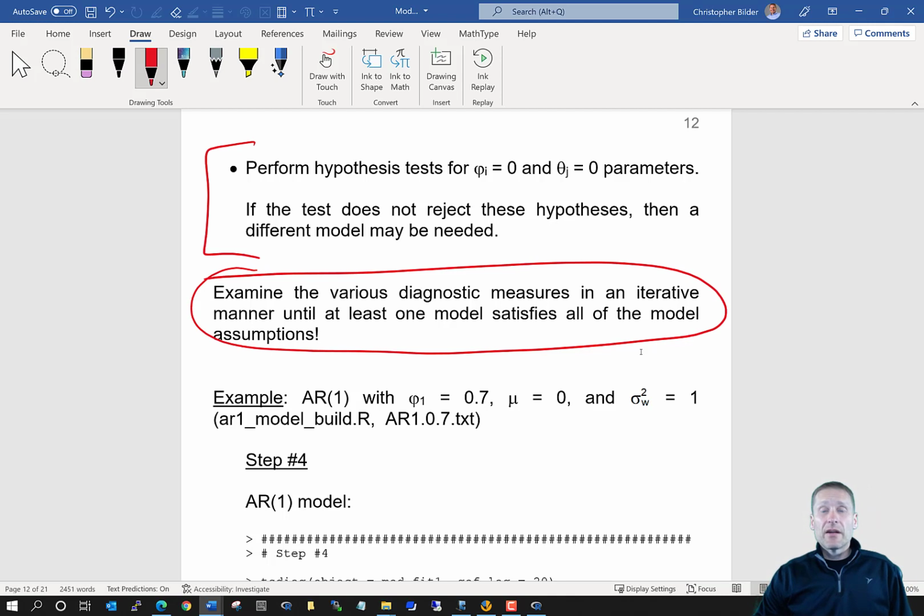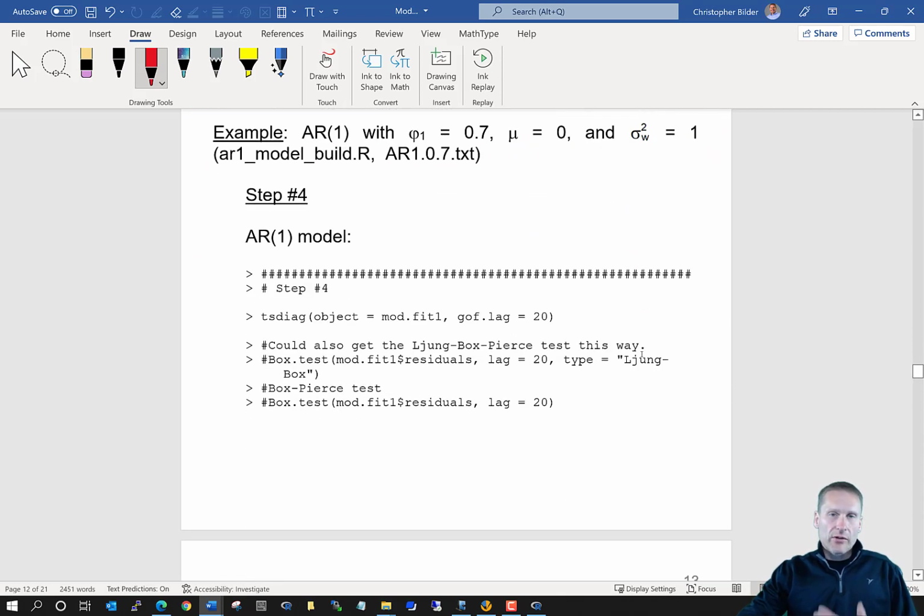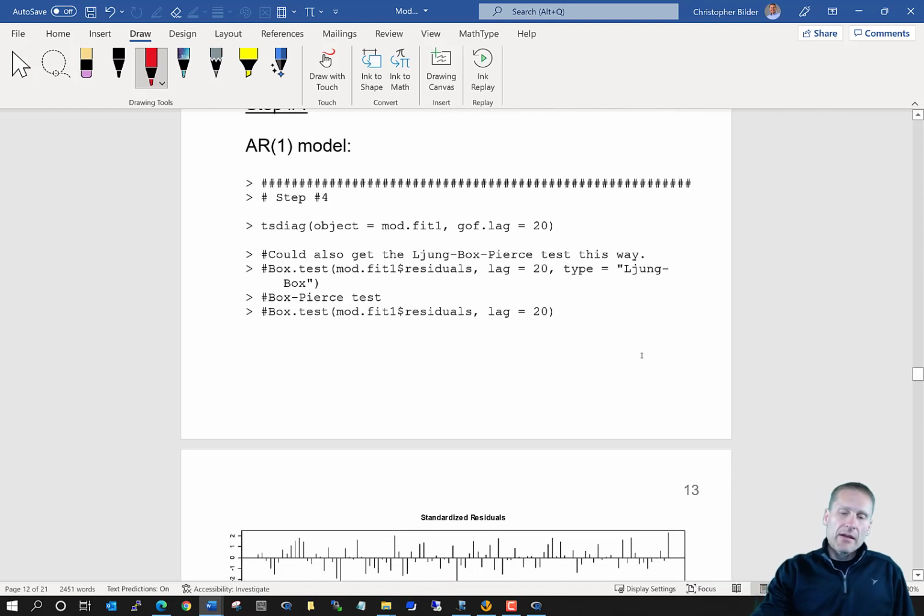Obviously, there's a lot of them, and it will often take time to actually go through these tools. So let's do this with the example here then. We're going to go back to the AR1. We're going to do this step number 4.